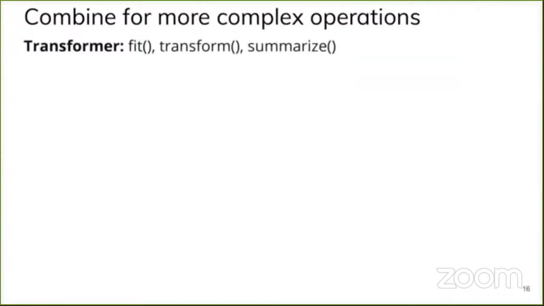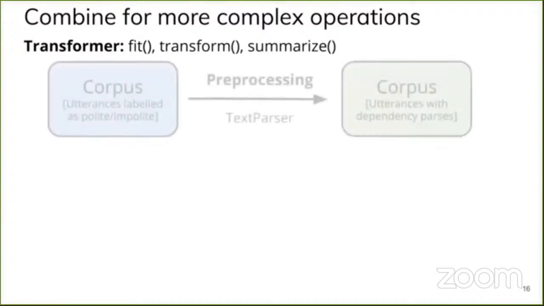Now, all transformers are inspired by and conceptually analogous to scikit-learn's own transformers. And they each have a fit step, where you might train or fit some sort of internal model, a transform step, which does the modification of the corpus that we've just described, and a summarize step, which usually summarizes the modifications that have been made to the corpus in some sort of visually interpretable way.